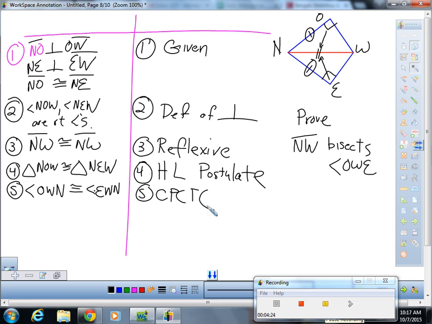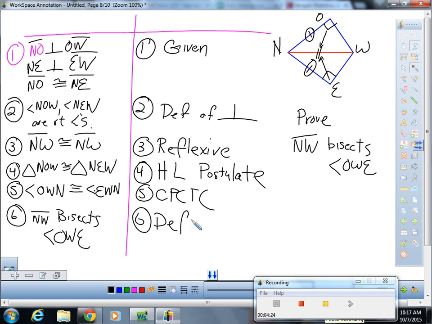And now I can say that NW bisects angle OWE, and that is the definition of bisect.